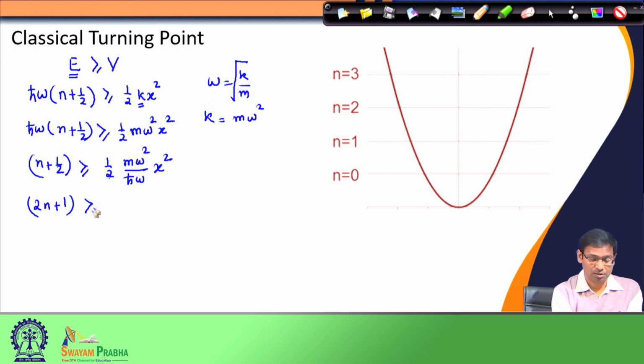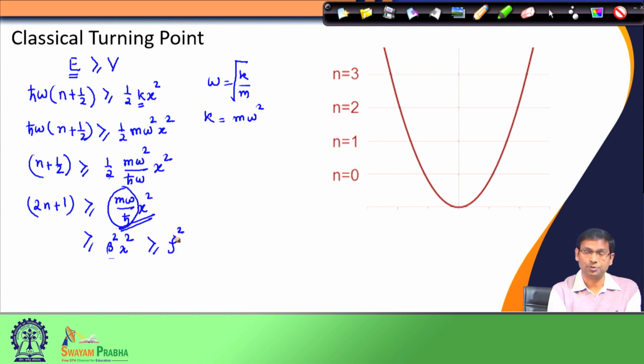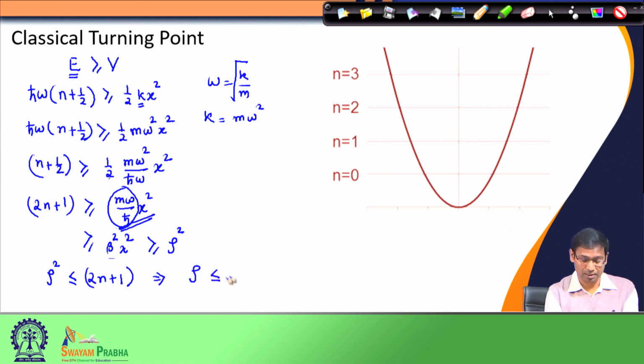So I have 2n plus 1 greater than or equal to m omega divided by h bar times x square. If you remember, this m omega by h bar is my beta square. So I can write beta square x square, and since I have defined beta x as rho, this becomes rho square. So rho square is less than or equal to 2n plus 1, and therefore rho should be less than or equal to plus or minus the square root of 2n plus 1.